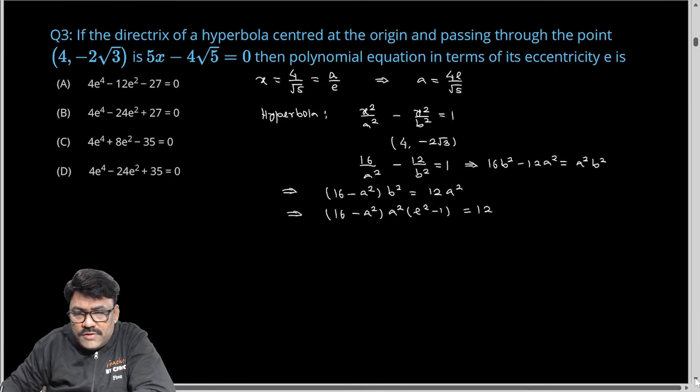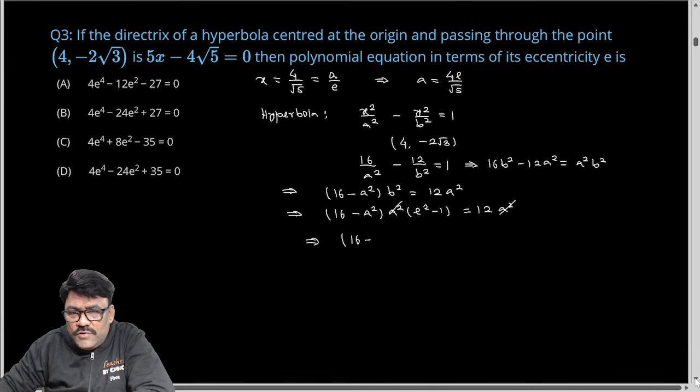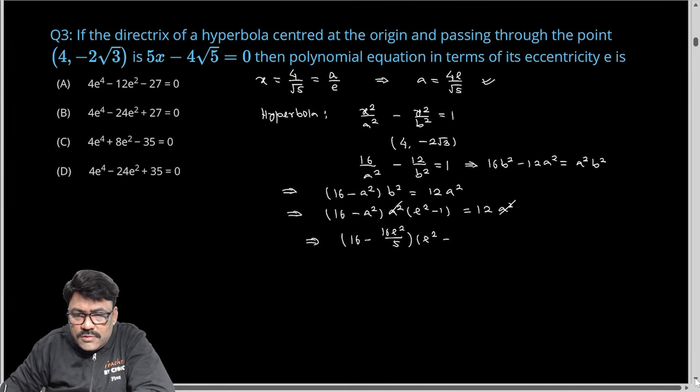So this is 12a². This a² cancelled. Now I can write 16, and a is 4e/√5 here. So a² will be 16e²/5, times (e² − 1). It is 12.